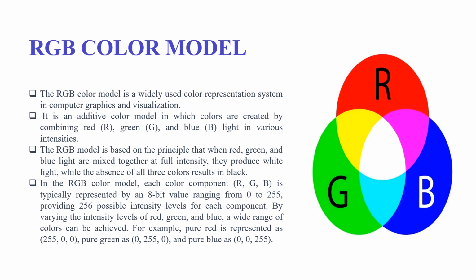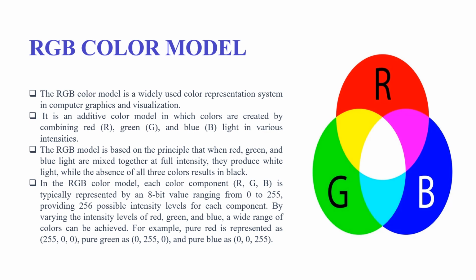Now, RGB color model. RGB stands for red, green, blue, and they are the primary colors of white light. The RGB color model is an additive color model. It is widely used as a color representation system in computer graphics and visualization.